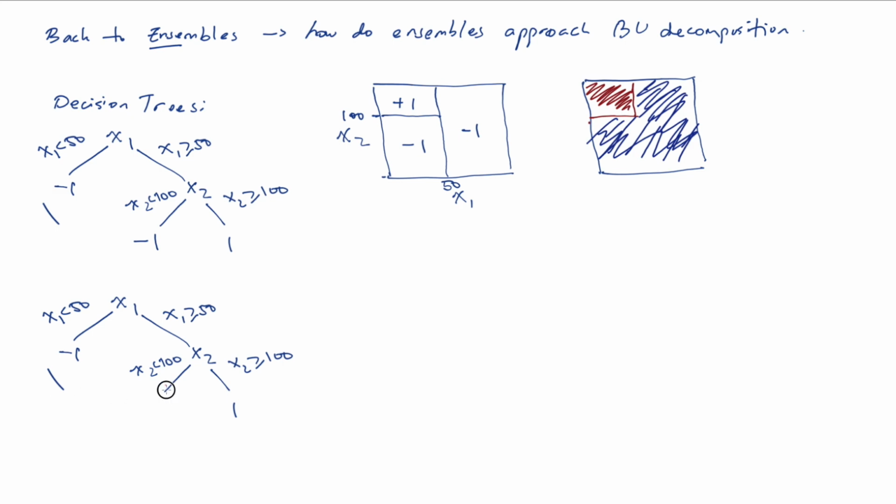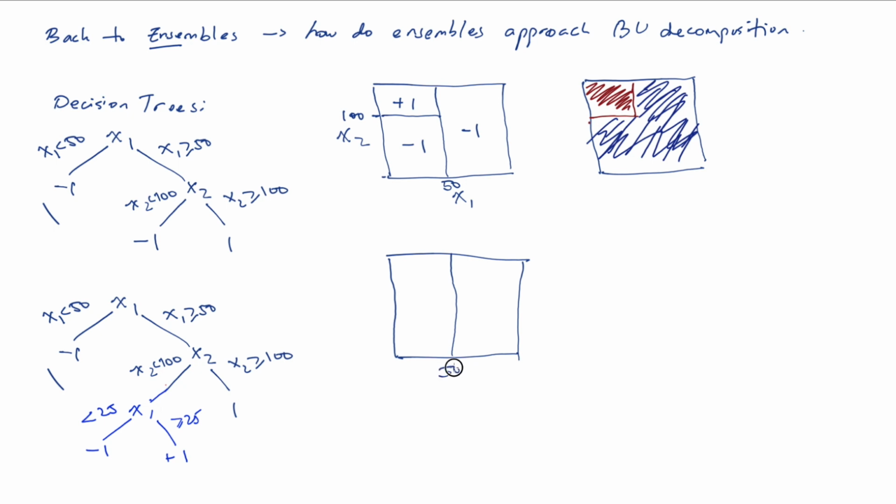Okay, so let's say if you came down here, then you would test x1 again, and you would check if it's less than 25 and greater than or equal to 25. Okay, and let's say we have this. Now, what does this mean for our decision surface? Well, let's look at the first split, splitting at 50.